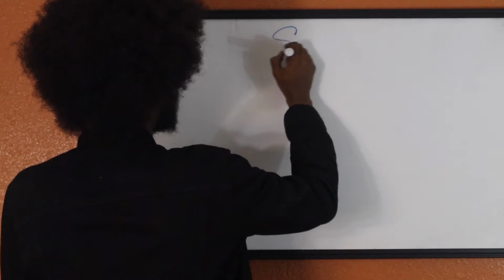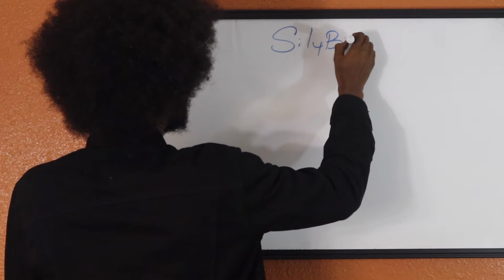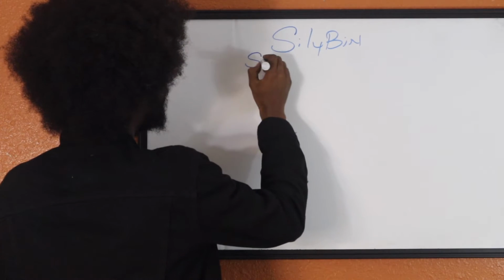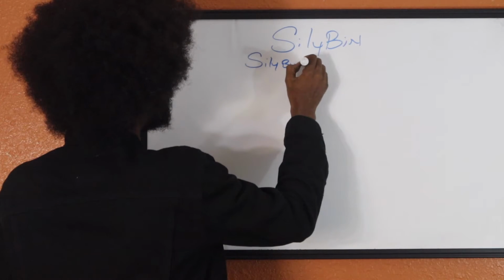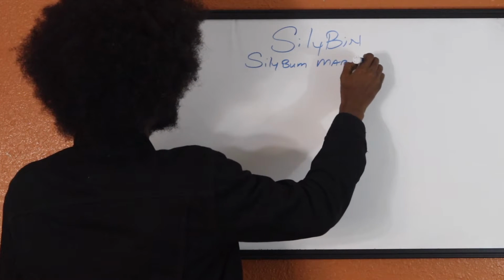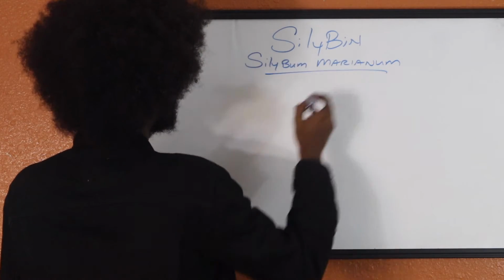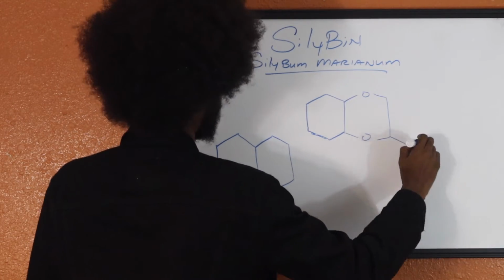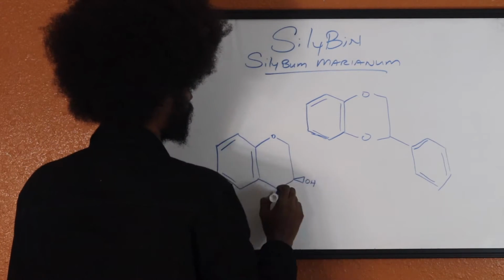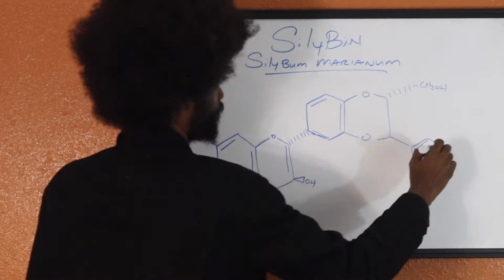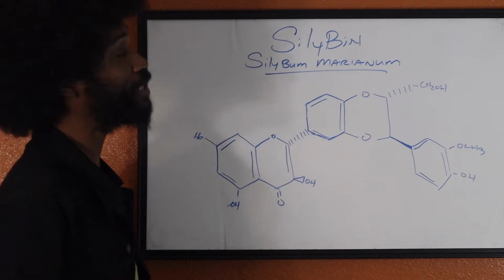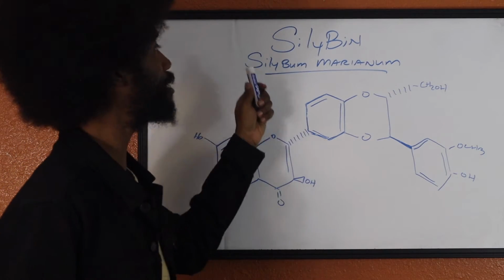Now, after naringenin, we got silibin. Silibin is the active component inside the herb Silibum morianum.